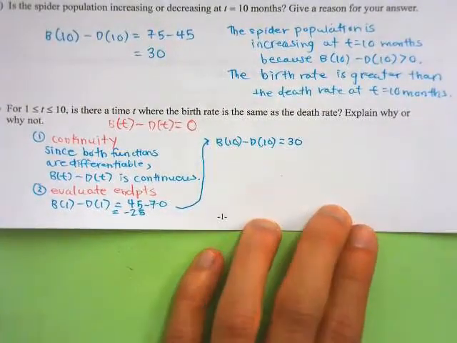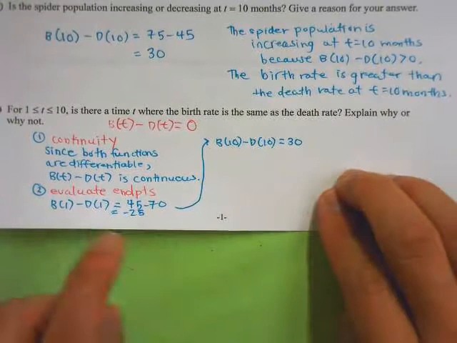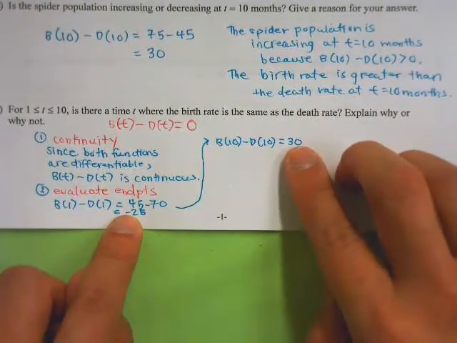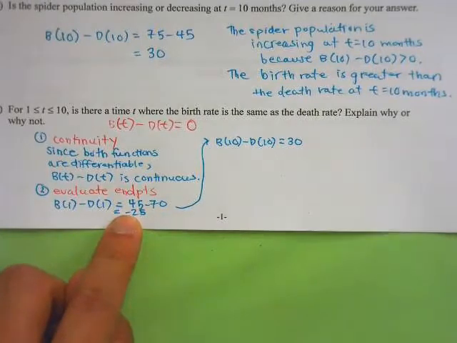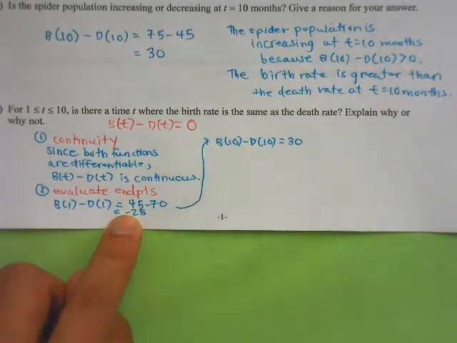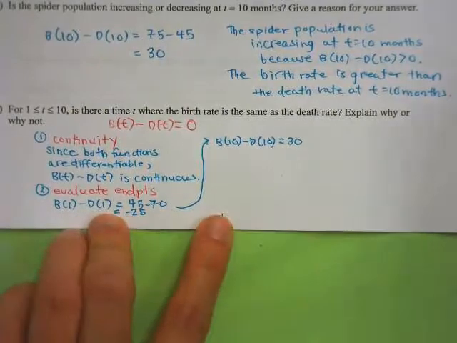So hopefully you guys can see that the first time around it's negative, and now it's positive. Because it's a continuous function with no holes or vertical asymptotes, it's got to pass the x-axis sometime. It's got to pass where y is equal to 0. So now we can do our conclusion. Step 3, conclusion.